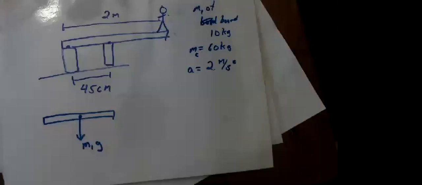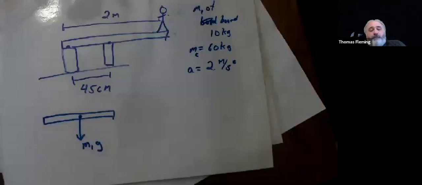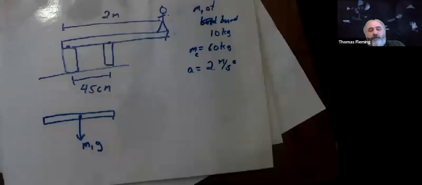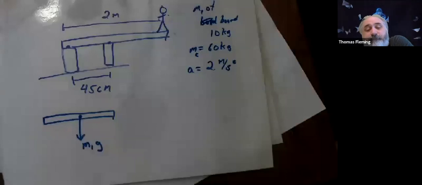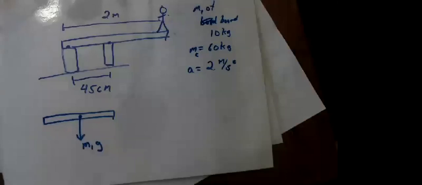So there's going to be a force acting on the board from the support at the very, very end. And the question is, what direction is that force going to be? Is it down? Up? You might think so.